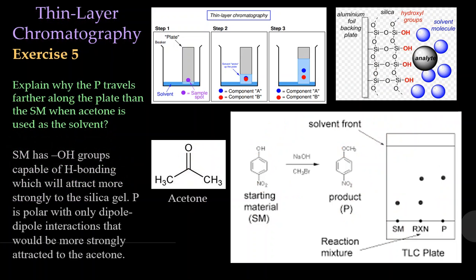So the starting material has hydroxyl groups capable of hydrogen bonding, which attract more strongly to the silica gel. The product is polar with only dipole-dipole interactions, so it would be more strongly attracted to the acetone in this particular case.